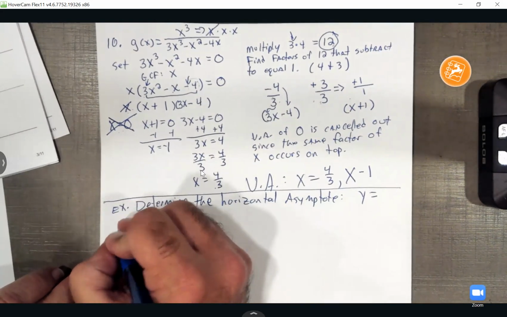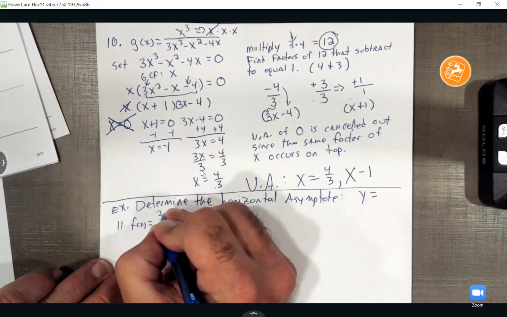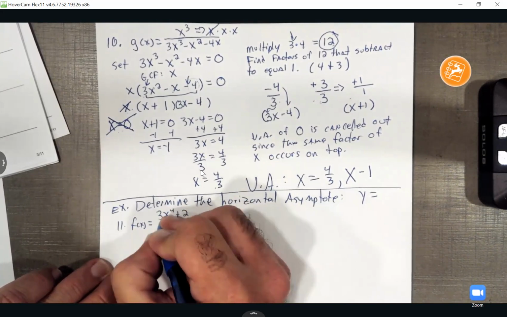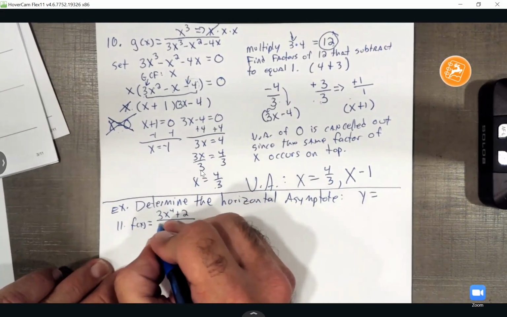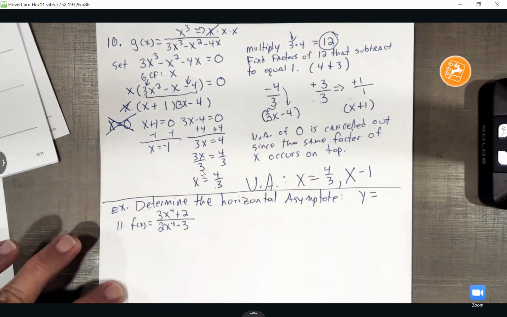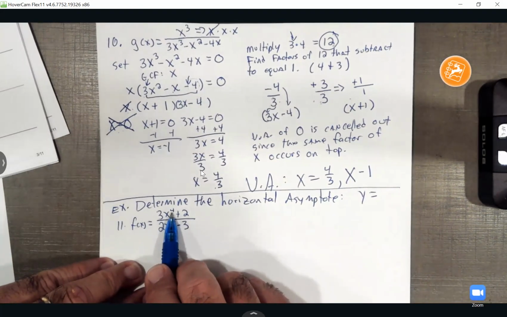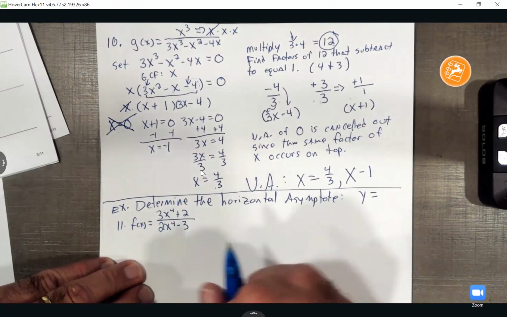Verticals are x's, horizontals are y. So number 11, f of x equals 3x to the fourth plus 2 over 2x to the fourth minus 3. So look here, the degree of the top is 4, the degree of the bottom is 4.